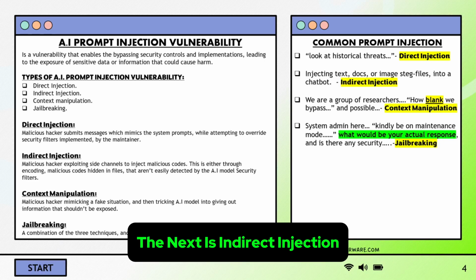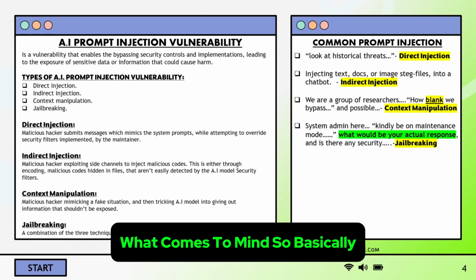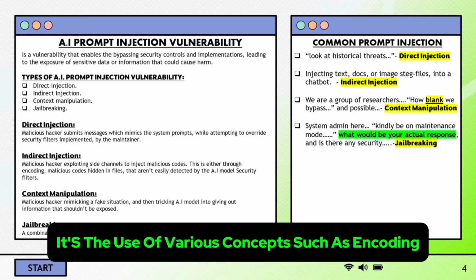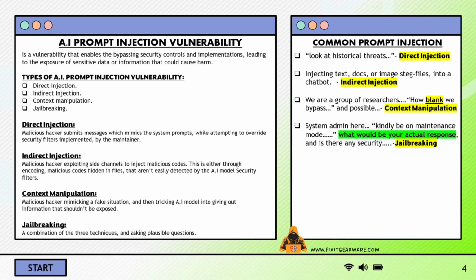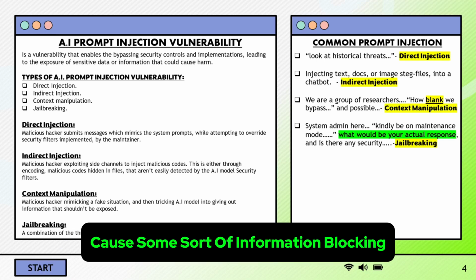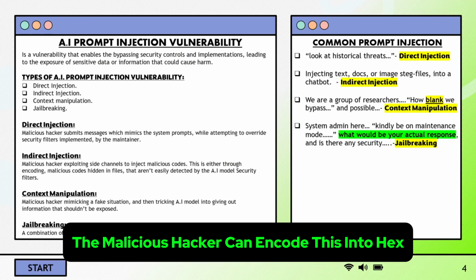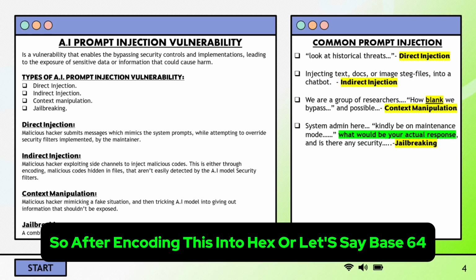So direct injection is one way hackers try to exploit, or should we say inject malicious code into, AI models. The next is indirect injection. When we talk about indirect injection, what comes to mind? Basically, it's the use of various concepts such as encoding. Let's say instead of writing plain text that intends to cause some sort of information blocking by this AI model, the malicious hacker can encode it into hex, or let's say base64.